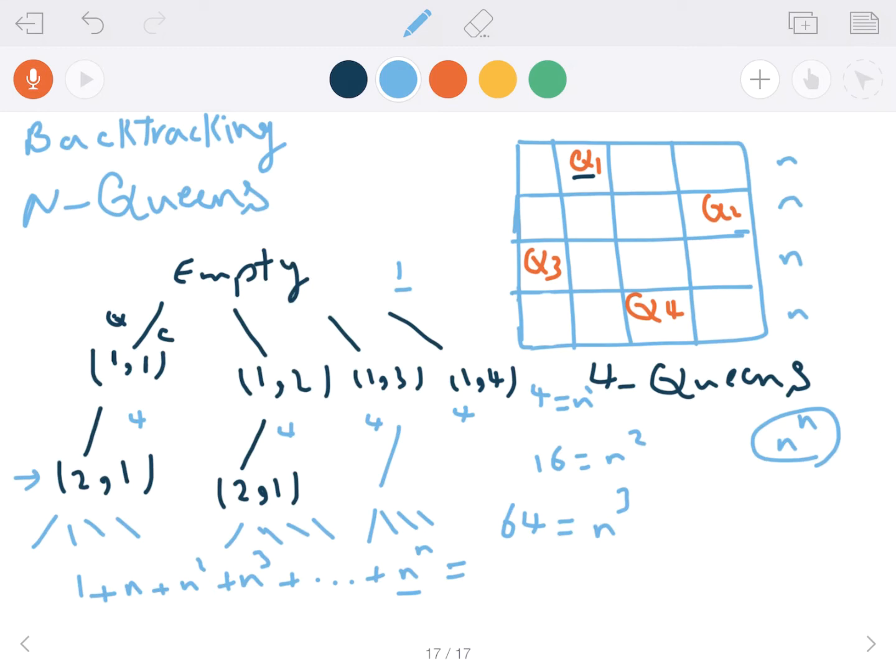If we sum these numbers together, they will be equal to (n to the power n plus 1 minus 1) divided by (n minus 1). So that's the number of nodes that we are going to create for this n-queen problem.